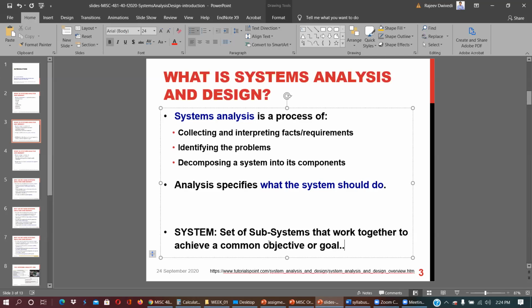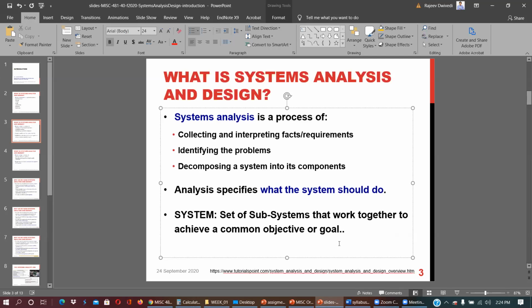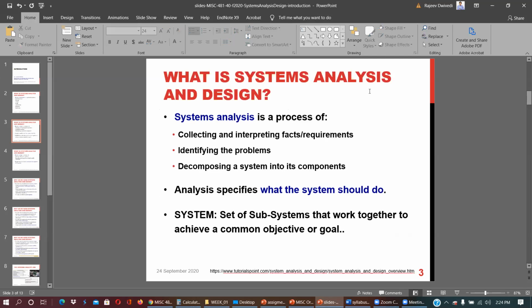So when we develop a system or try to solve a problem, we decompose it into subsystems or parts, do the development process, and then integrate all of them.